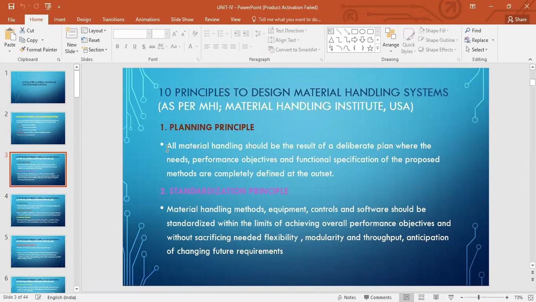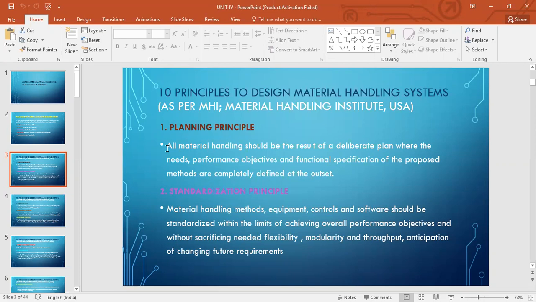What is the production rate that you're trying to cater to? And functional specifications, what exactly are the loads that you can handle, all the different specifications of the storage retrieval machine, of the conveyor system that you're using, of the AGVs.